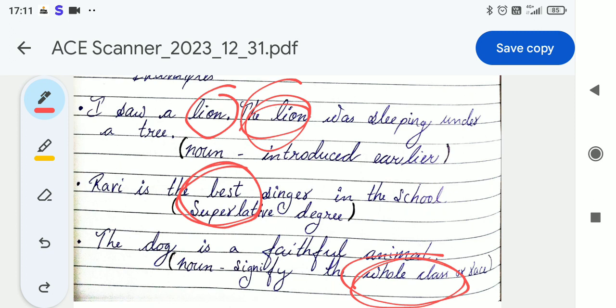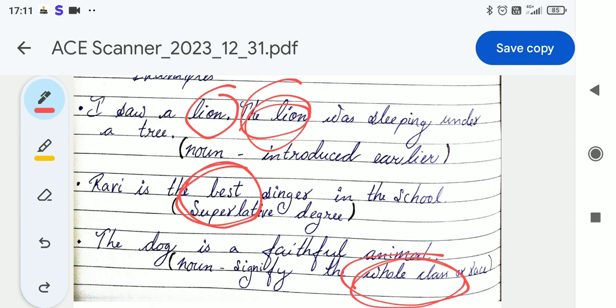The cat likes milk. We use the before the names of rivers, oceans, seas, bays, deserts, islands, mountains, canals, jungles, countries like the USA, the UAE, the UK, the West Indies, etc., and republics.